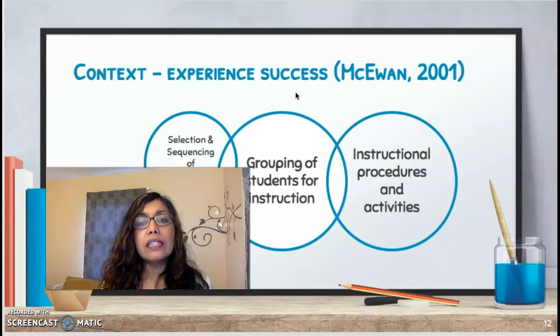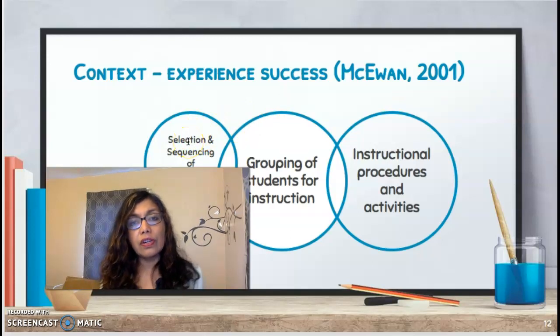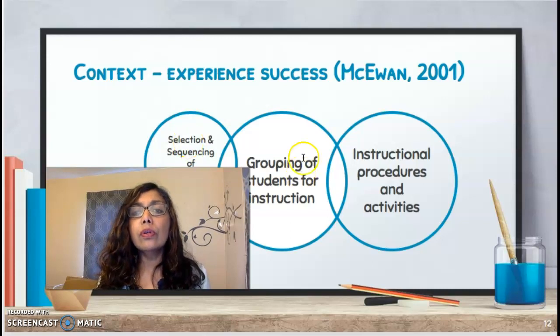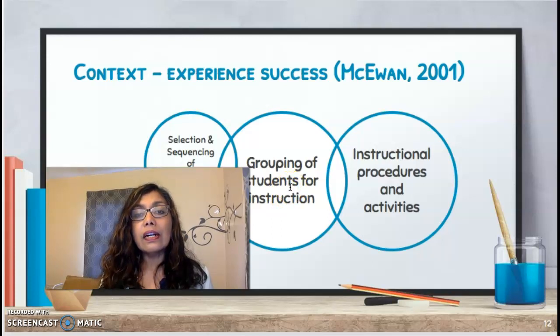So success depends on how you plan your instruction, the selection and sequencing of your instructional objectives, seeing if the students are able to read the text, and whether the text is at instructional level. How you group the students, like the example that I shared with you when a student was pulled out, their motivation came down.